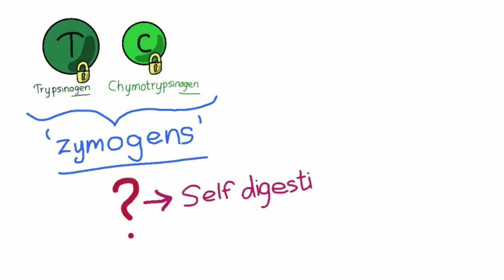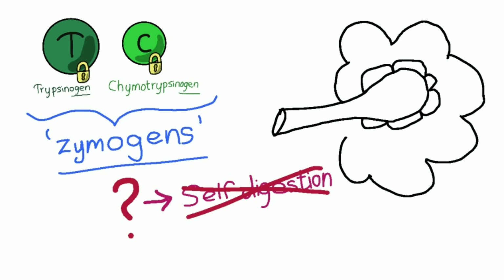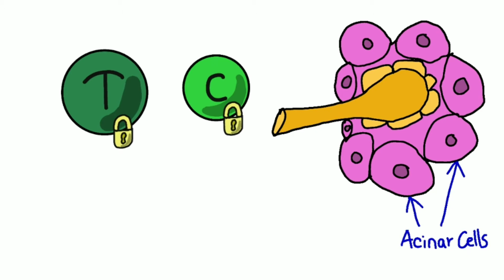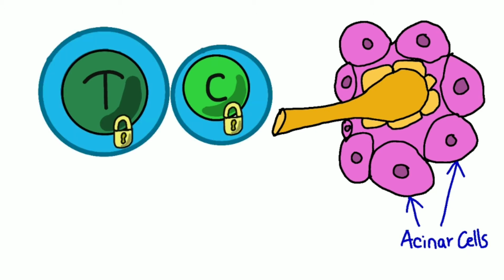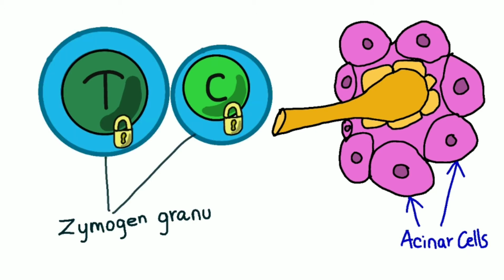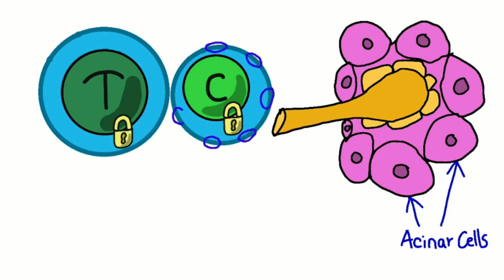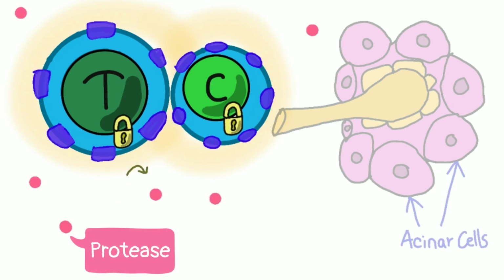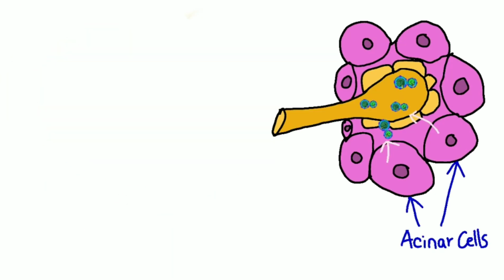This is to prevent the self-digestion of the proteins present within the acinar cells and the pancreas itself. The zymogens are secreted in specialized structures known as zymogen granules. They contain protease inhibitors around their membrane. These inhibitors make sure no protease can activate the enzyme during travel in the pancreatic duct.